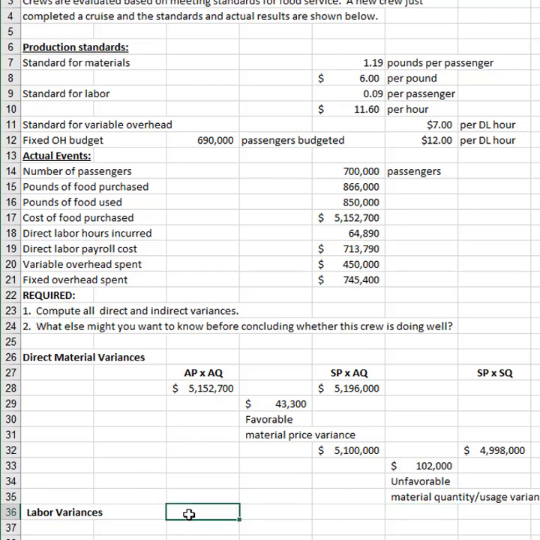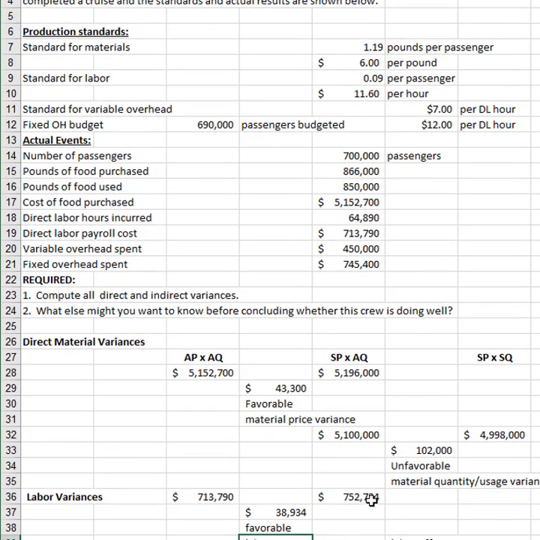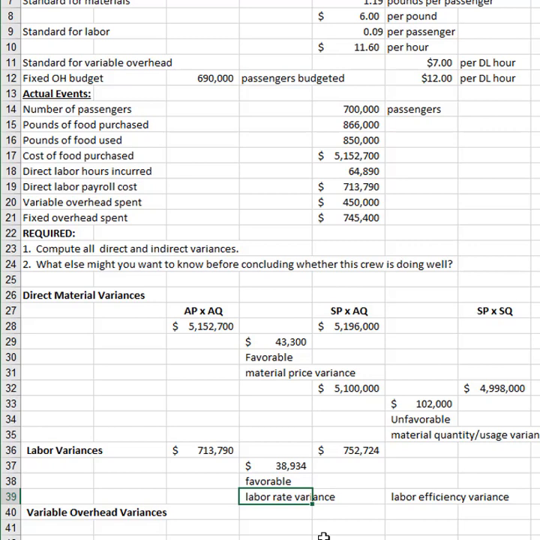So for labor, they tell us what they paid for labor, so we don't have to multiply that out. That's actual quantity times actual price. And so then how many labor hours were worked, and then what should we have paid per hour, and then the absolute value difference there, and it is favorable because what was paid was less than what the standard would have paid them for each of those hours.